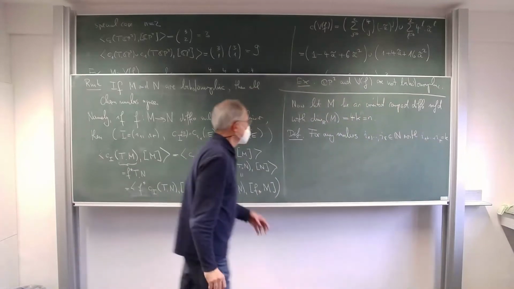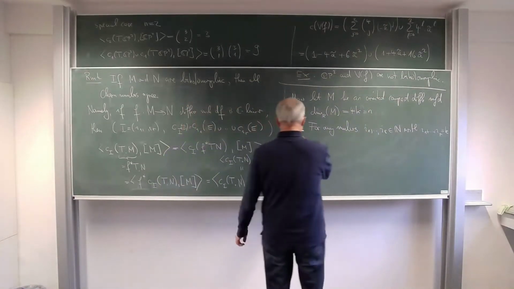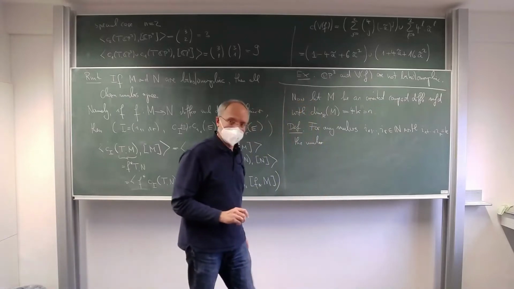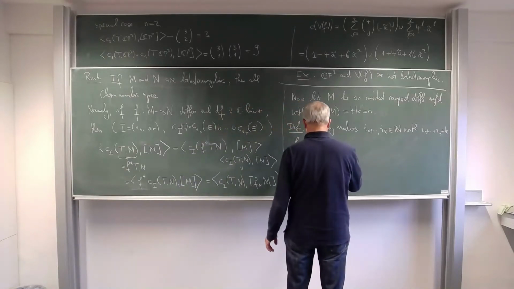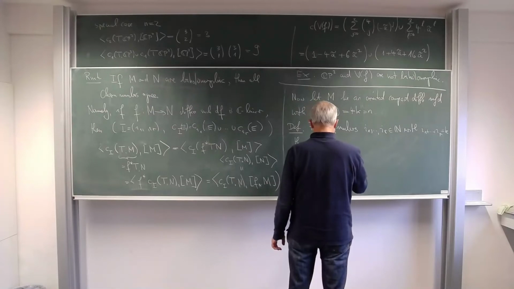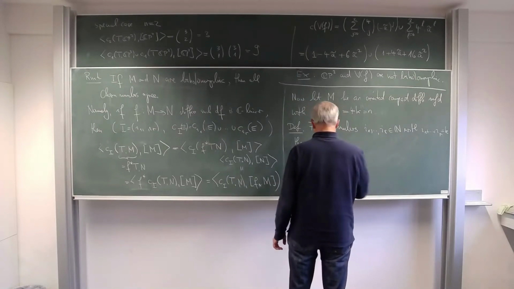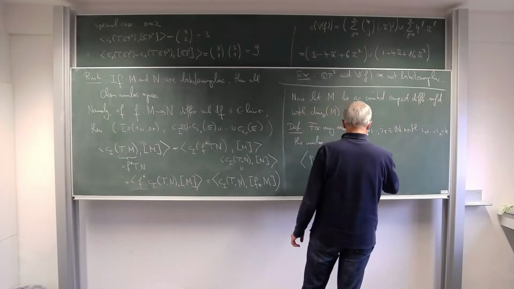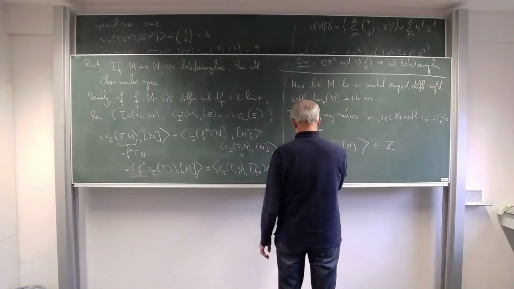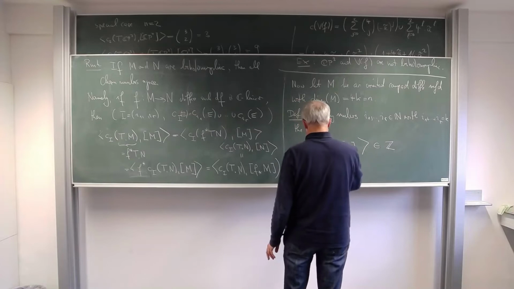For any such numbers, now I play the same game with the Pontryagin classes. So I take p_I of the tangent bundle of M and integrate it over M. This again gives me an integer, which is called a Pontryagin number.